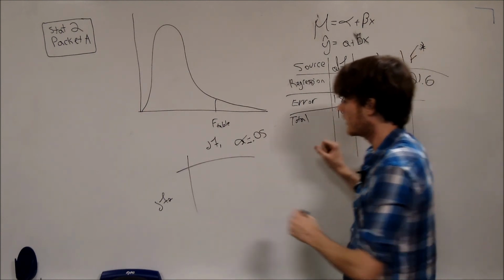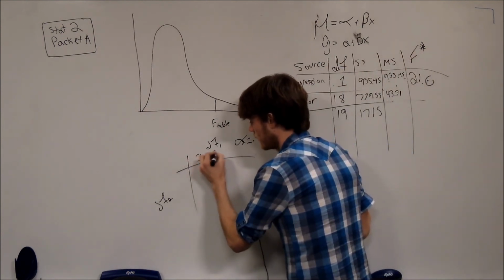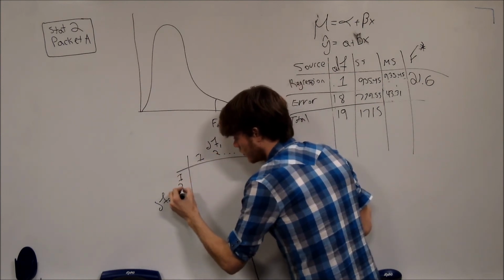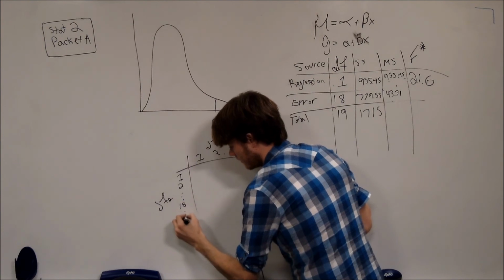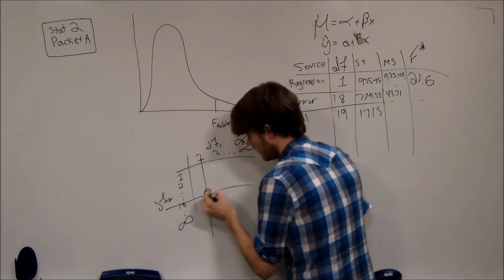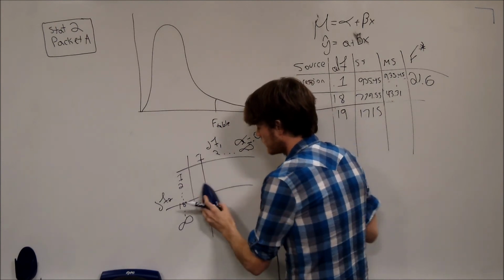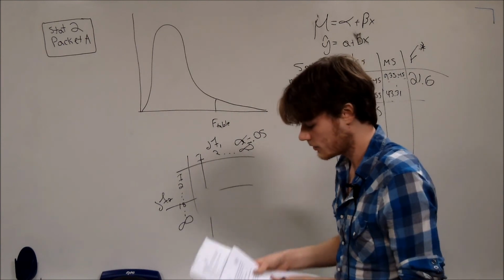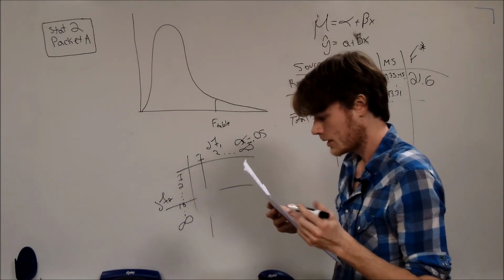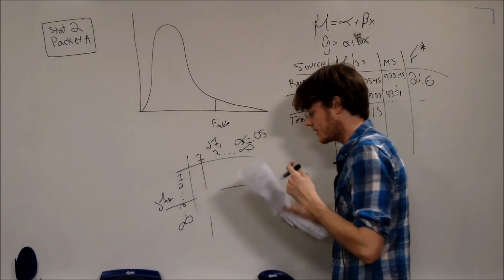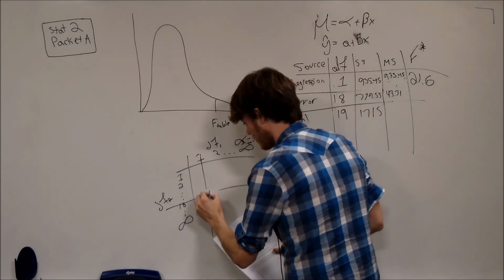So we look at 1 and 18, so it goes 1, 2, infinity, 1, 2, 18, infinity. So we go right here, and you guys should check this just to make sure, the f value of 1 and 18 is 4.41.